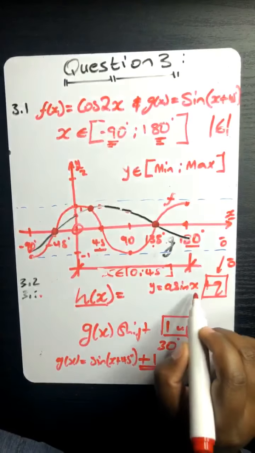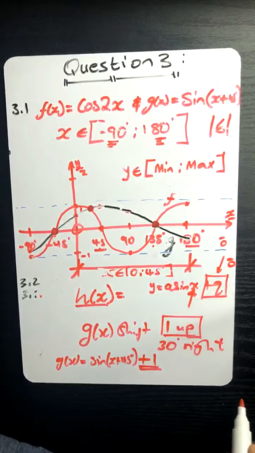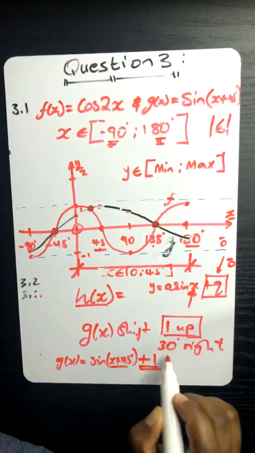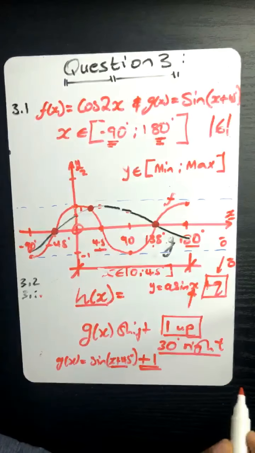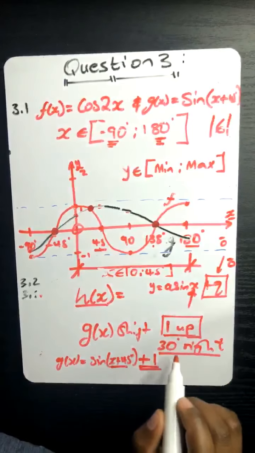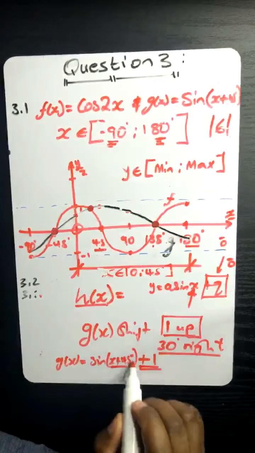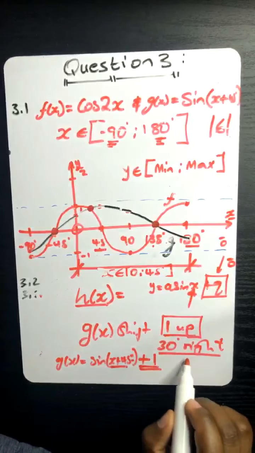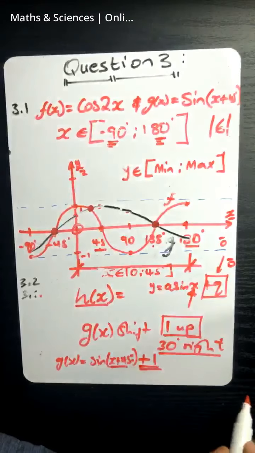When we want to shift it horizontally, we are going to tamper with the angle. If it shifts to the right, that means in there you are going to subtract. If it was shifting to the left, there you were going to add, the opposite sign.